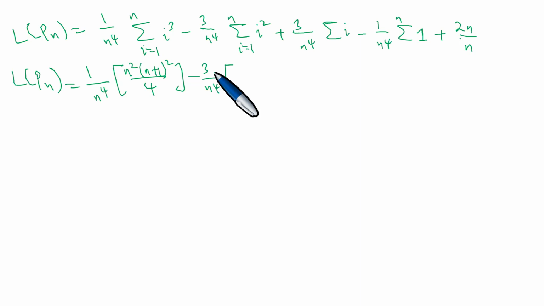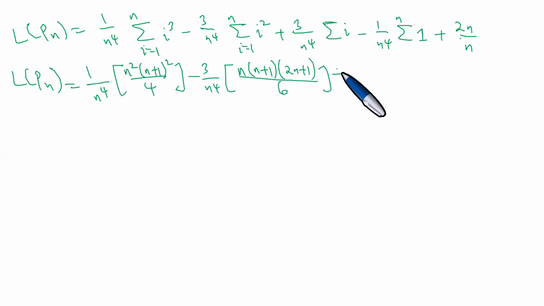The sum of the squares is n into n plus 1 into 2n plus 1 divided by 6.